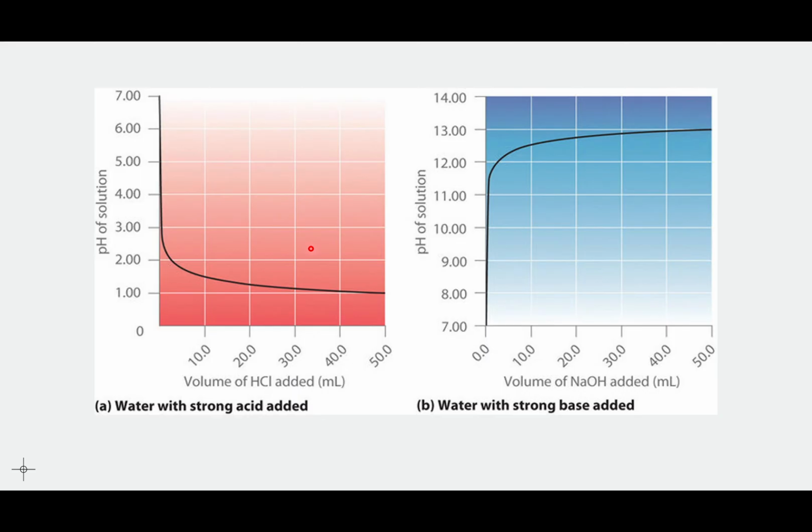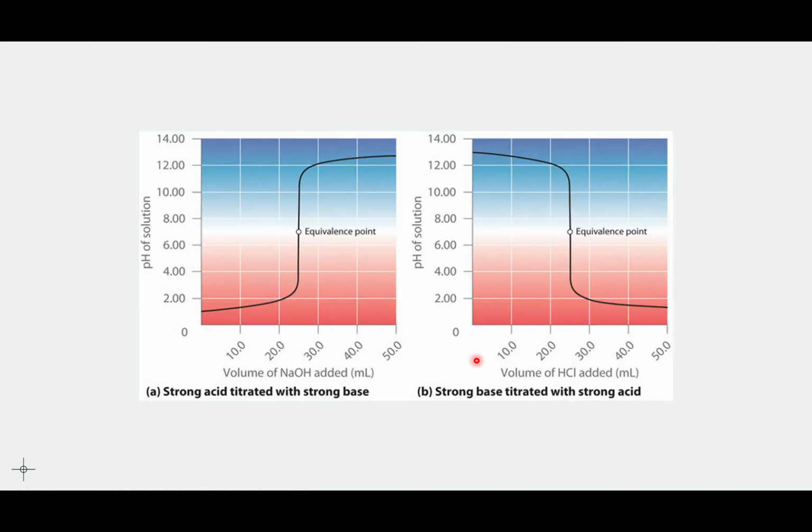So it is important to know how pH graphs look, titration graphs especially. We have to look at the pH of the solution in relation to the volume of acid or base being added to the solution. In this case, it's just water, so you're just showing what would happen in this case. But what happens if you have a strong acid being titrated with a strong base? Titrated with means that there's a strong acid existing, and then we start to add base to it.